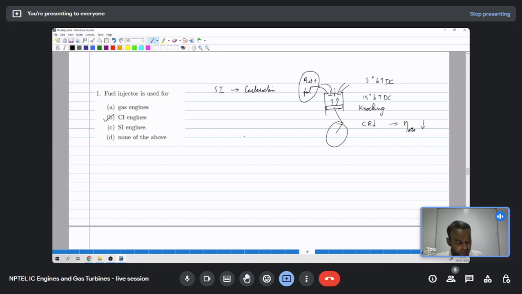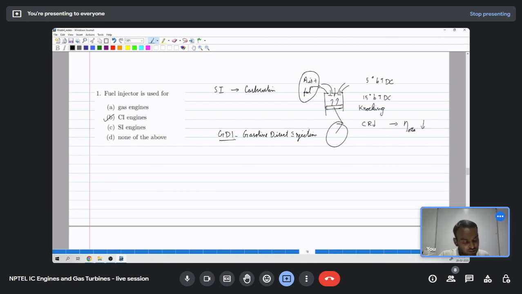And nowadays we have something called GDI engine, which is gasoline direct injection, where we inject the gasoline fuel directly into the cylinder, and this way we can also avoid the problem of knocking, which we used to encounter in the conventional SI engine, and thereby we can increase the compression ratio and increase the efficiency.